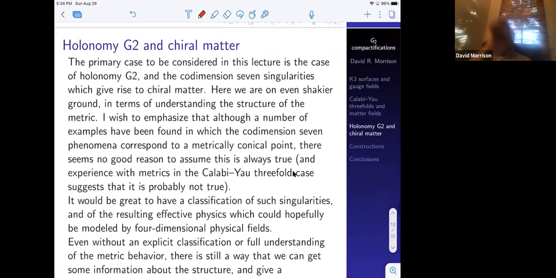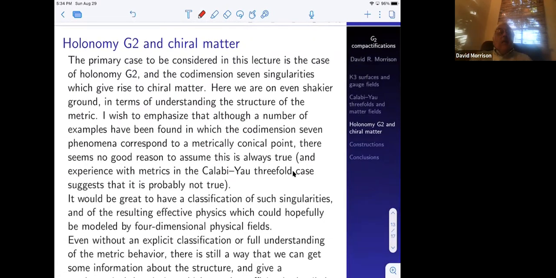Okay, so finally I get to the part that's sort of most relevant to this talk, which is holonomy G2, which applies in the 7-dimensional case. So I remind you that G2 is a subgroup of SO7. It has a natural 7-dimensional representation. And when I speak of holonomy G2, I actually have that representation in mind.